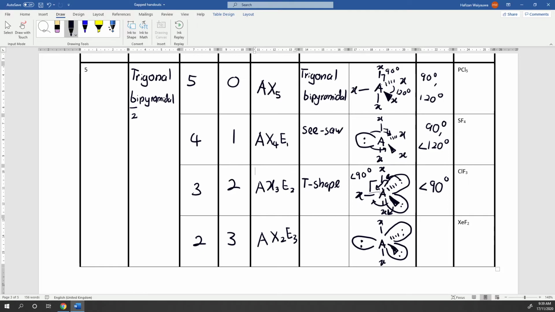So ibaratkan the lone pairs duduk keliling dia. And tadi saya tunjuk, sekarang dia dah jadi bentuk. Kalau you tengok, bentuk dia is only for central and terminal atom. You tak tengok lone pairs. So now it has become a linear punya molecules, which is dia punya angle is 180.